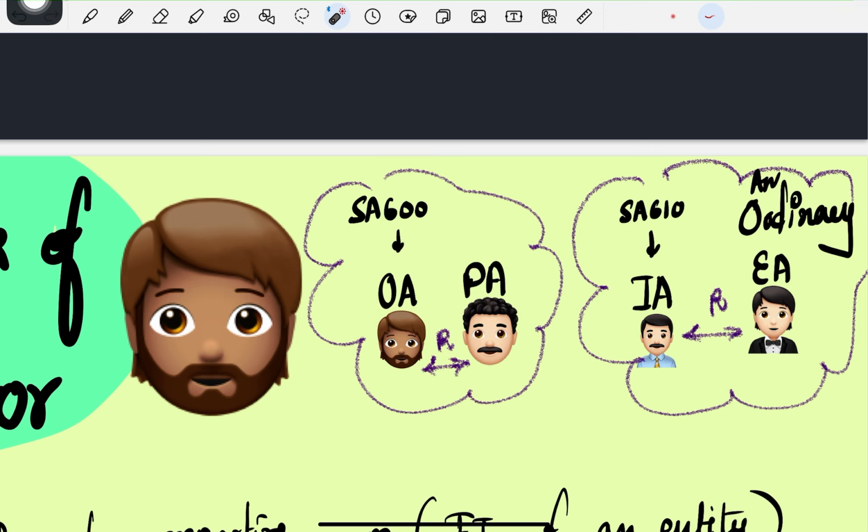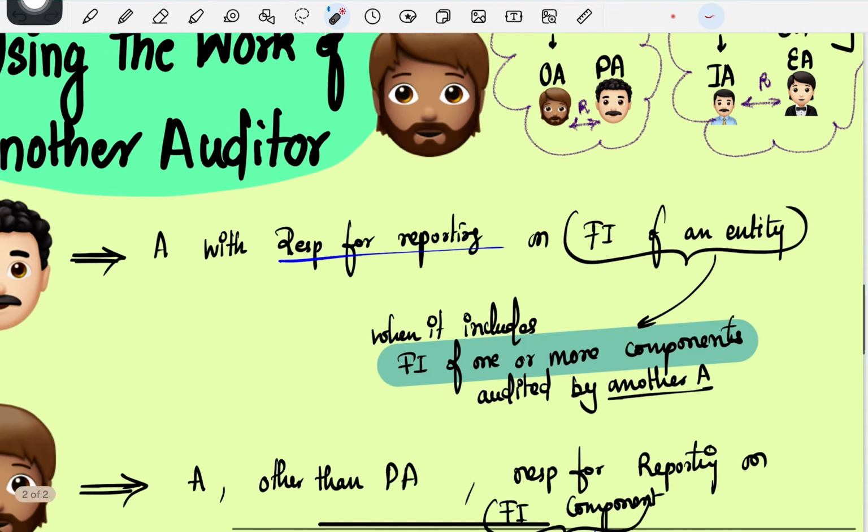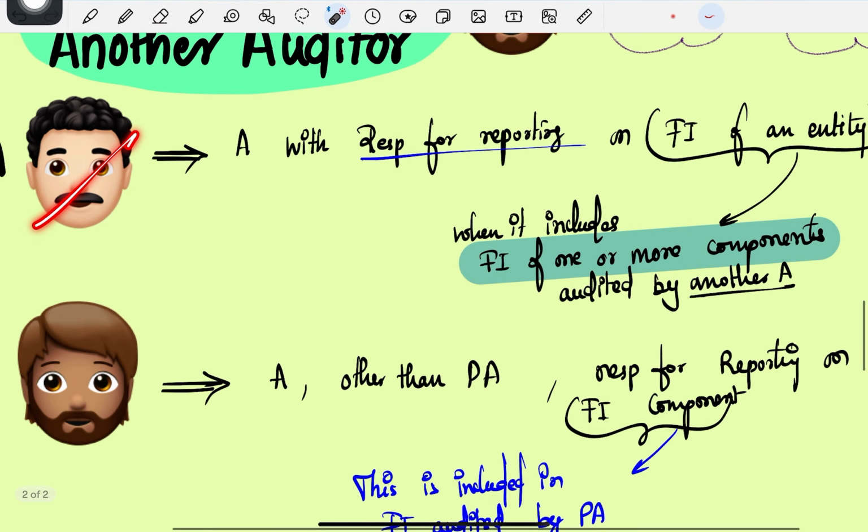So let us first understand who is this Principal Auditor and Other Auditor. Principal Auditor is the auditor with responsibility for reporting on financial information of an entity when it includes financial information of one or more components audited by another auditor.